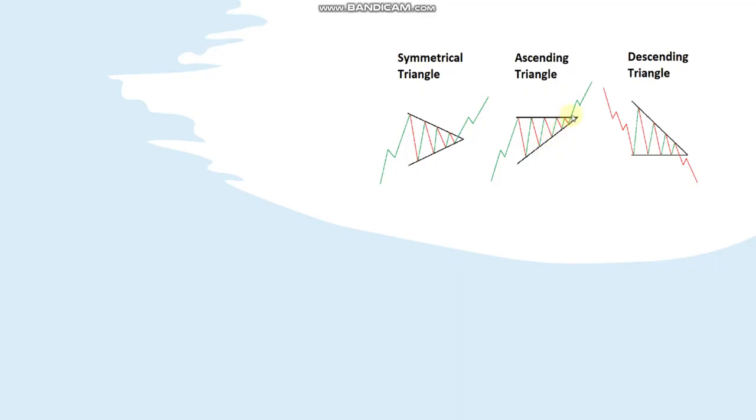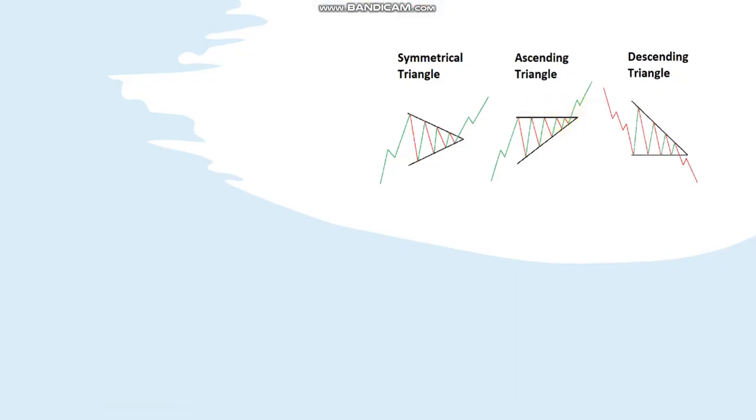And usually it is seen that in ascending triangle patterns, the market breaches the resistance and goes up. And whenever there is a breakout in an ascending triangle pattern, this should be the entry point.